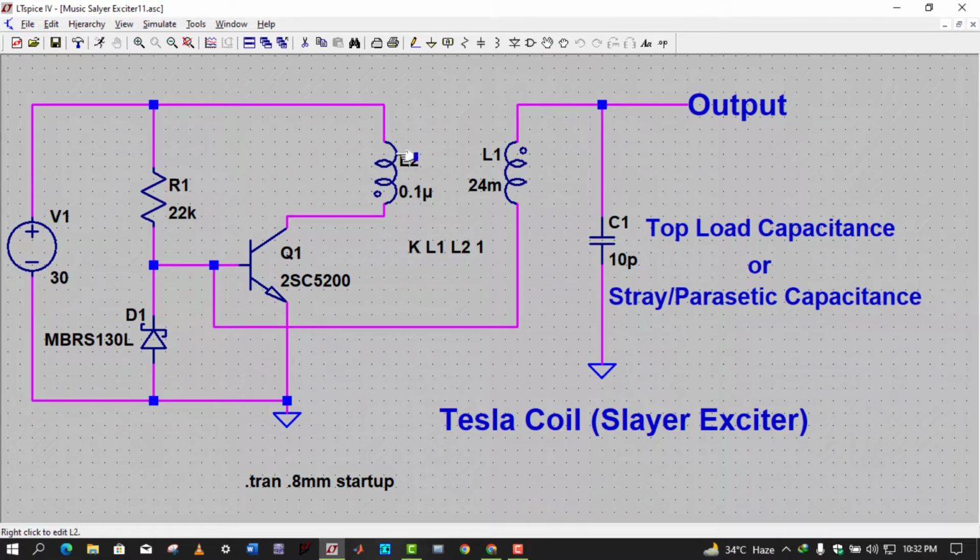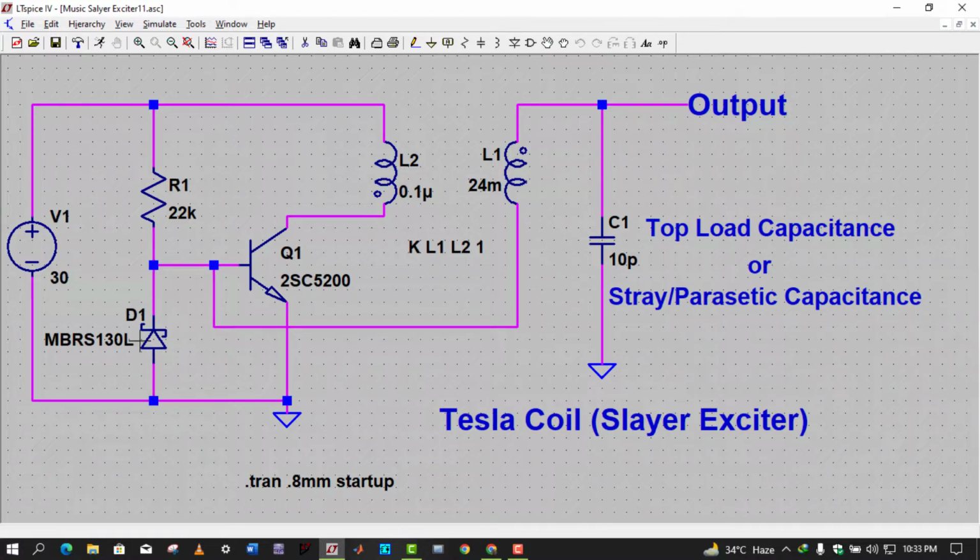So when the current flows here, the magnetic field will induce some voltage here, where this point will be positive and this point will be negative, which means a negative potential will come to the base of the transistor, and it will increase in such a way that this diode turns on.